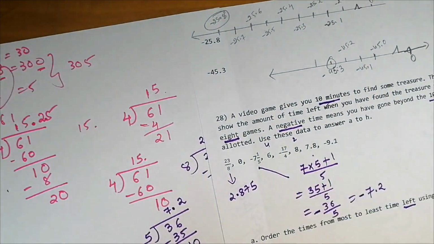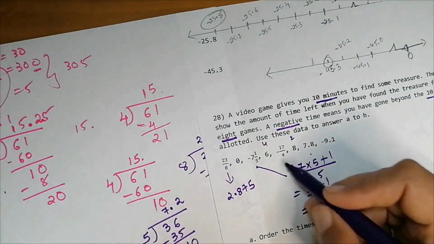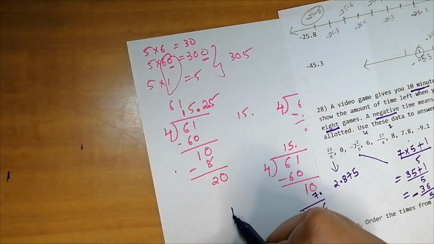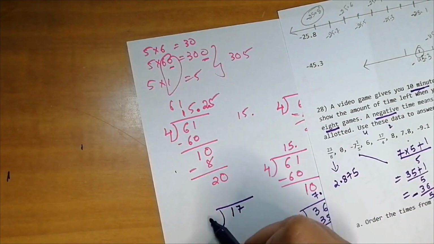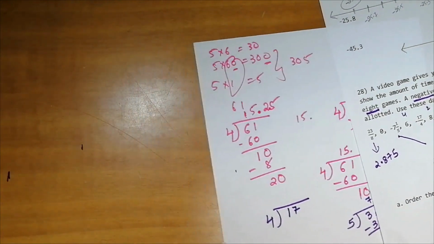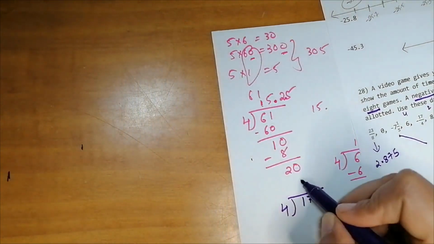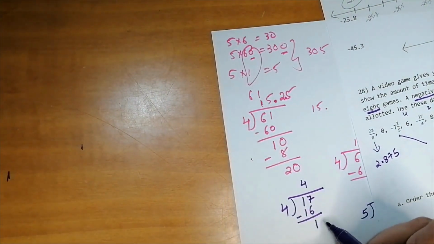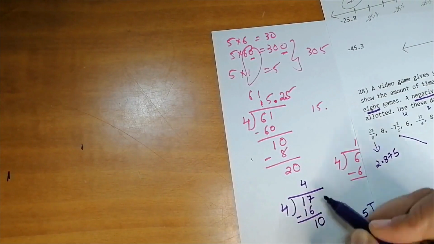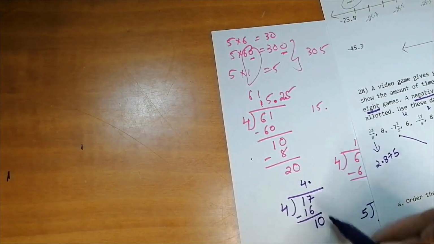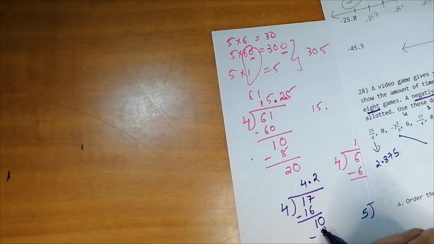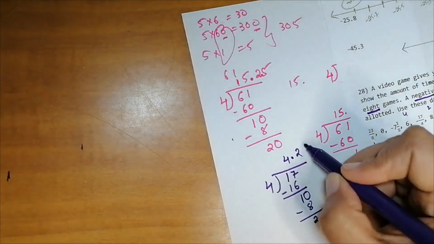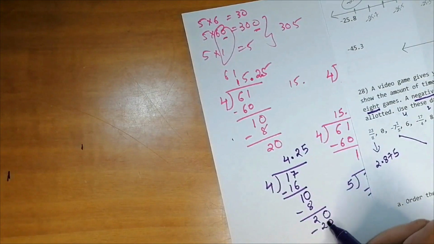Okay, 6 we don't do anything. 17 over 4. Let's solve that. 17 over 4, right? 17 divided by 4 basically. So 4 times 4 is 16. 1, right? We put 0 and we put a decimal point here. 4 times 2 is 8, right? 2, we put 0. 4 times 5 gives us 20.